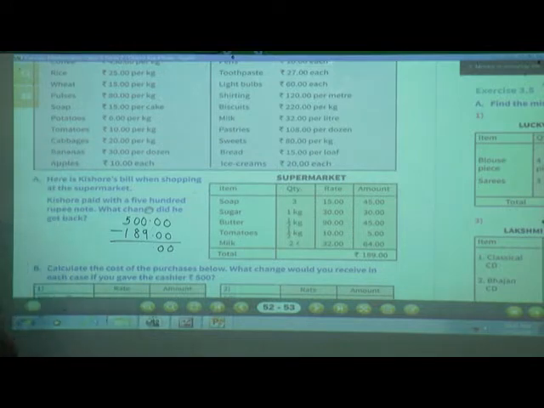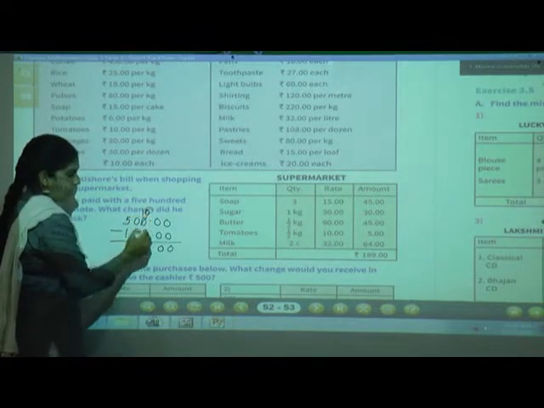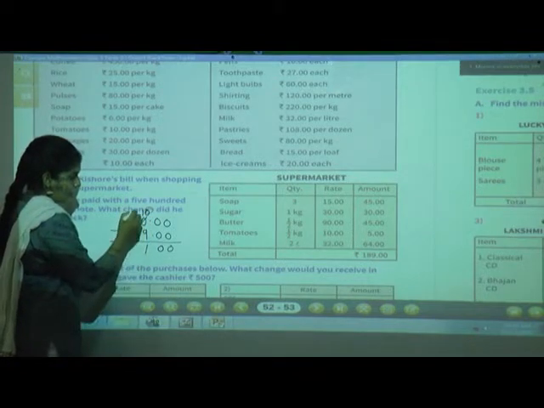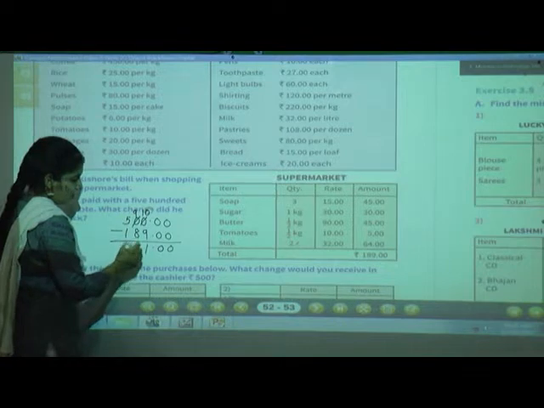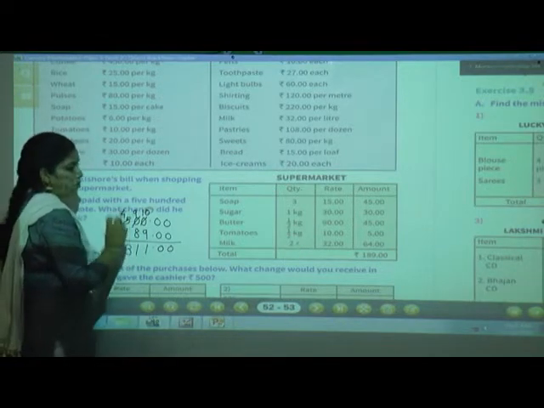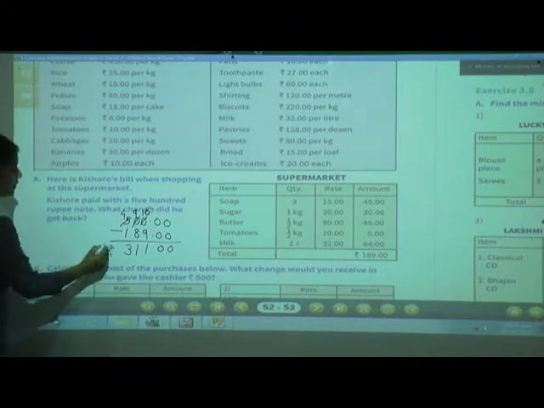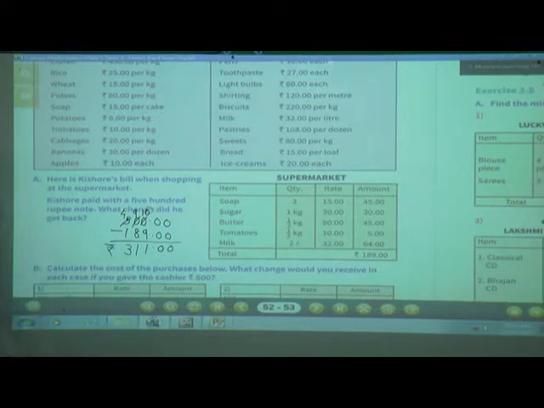Tell me the answer students. Yes, do subtraction. Here 10 minus 9, 1. Here 9 minus 8, 1. Here 4 minus 1, 3. So that's why your answer is rupees 311 he will get back.